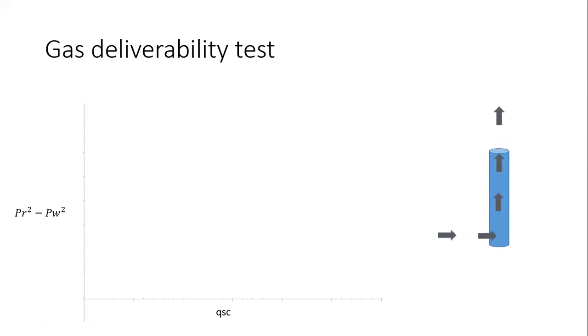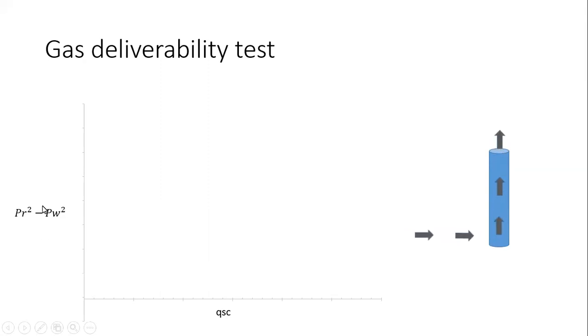The least value for PR square minus PW square will be 0, meaning when PWF is equal to PR, the difference becomes 0. When both values are the same, we cannot expect any flow rate coming into the well. If PWF is lesser than PR, then the flow will start.